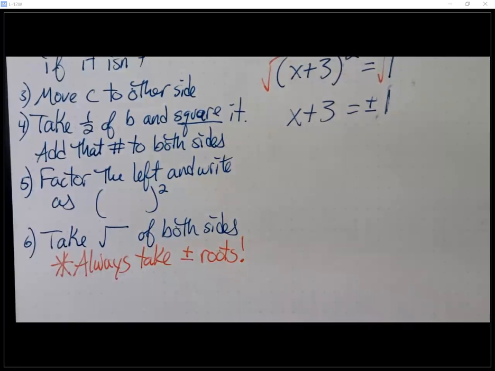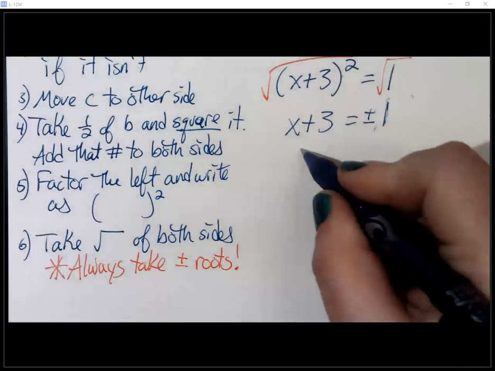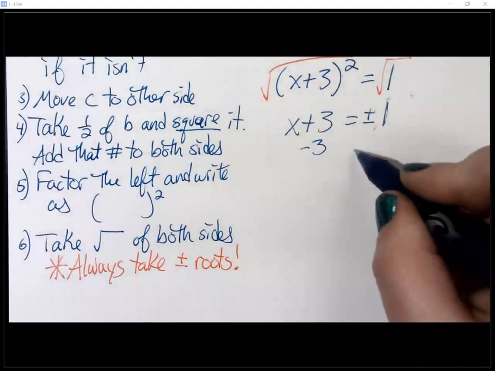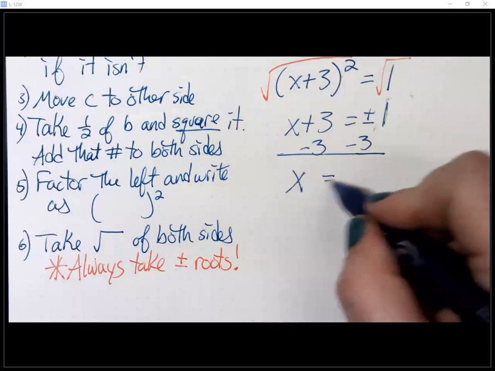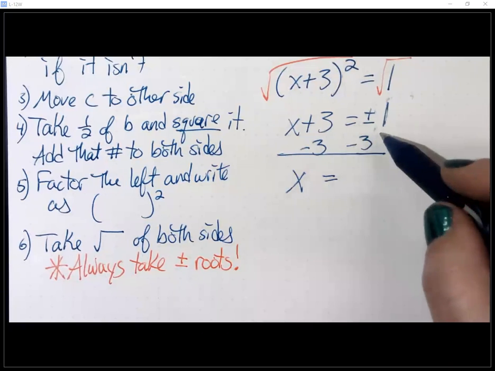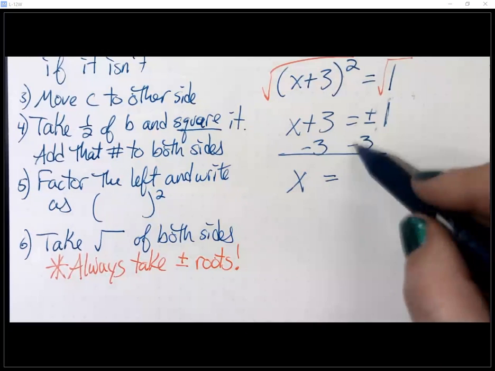And now I'm so close to being done. If I want to get x by itself, the only thing left to do is minus that 3 to the other side, and then I'll just have to simplify. Now, when we do this, here's kind of how we write this. I subtract 3 from both sides. Usually, you're going to get the same number whether you put the minus 3 over here, but usually whatever we do, we stick it up in front of the plus minus.